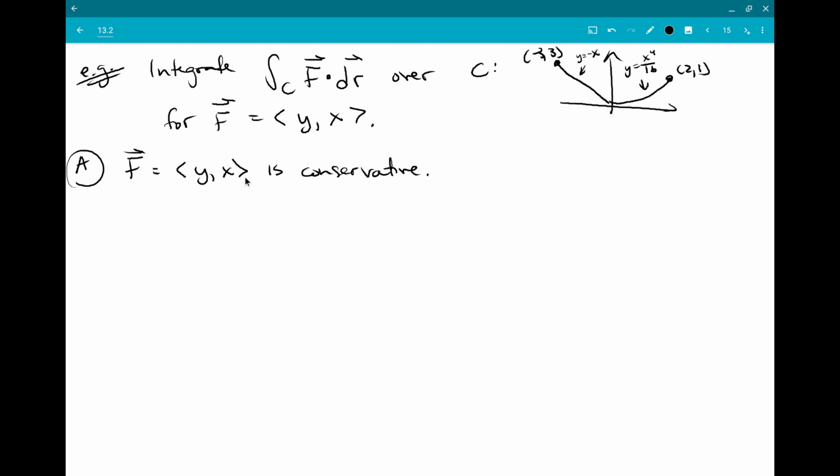And F equal to y, x is a conservative vector field. That means I'm asking myself, can F be written as a gradient vector? I'm just going to try to find f that satisfies this.